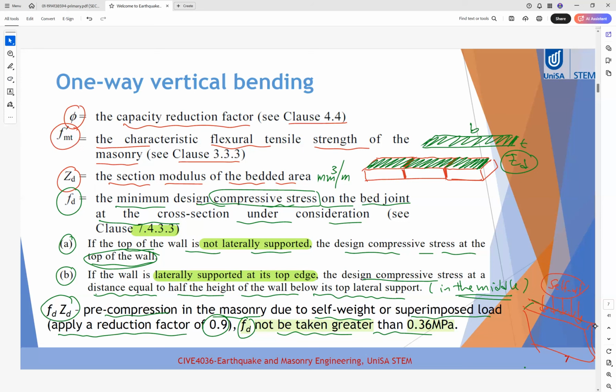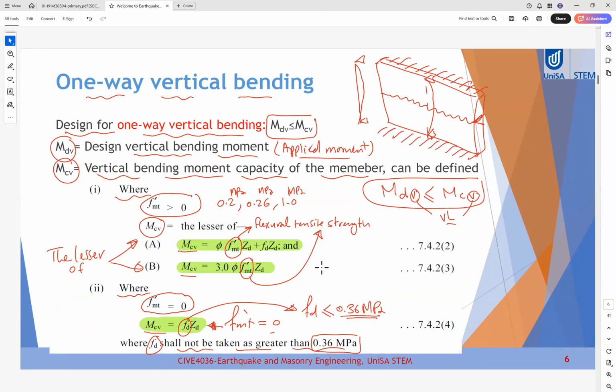So there is some pre-stress or pre-compression inside the wall due to this self-weight. This pre-compression will help to resist the tensile stress when the tensile stress is applied. So this is the definition of the parameters and the formulas we have here.